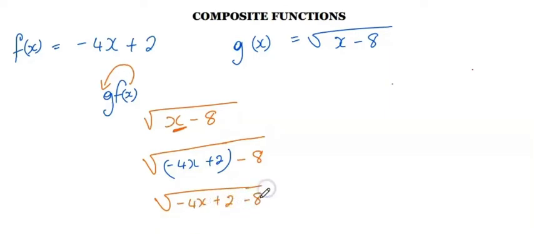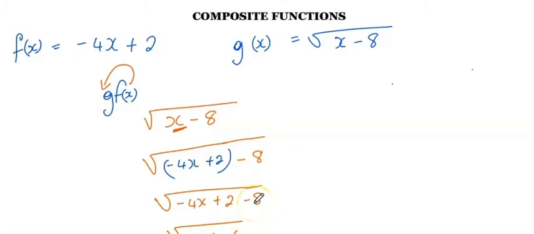When we look at it, the 8 and the 2 are constants, they are like terms, so they can be calculated. So 2 plus negative 8, you take the smaller from the larger: 2 from 8, you're left with 6. You keep the sign of the largest number, which is negative. So here we have negative 4x minus 6. This would be our answer.